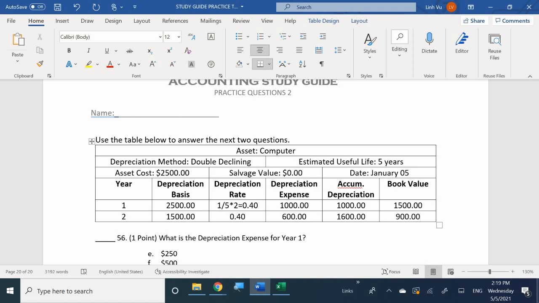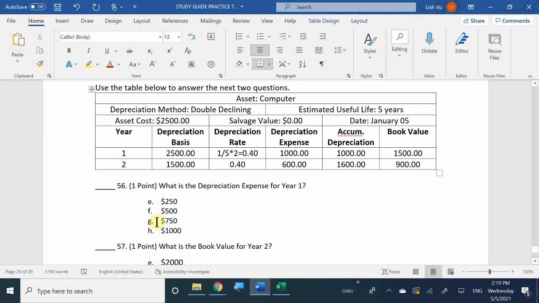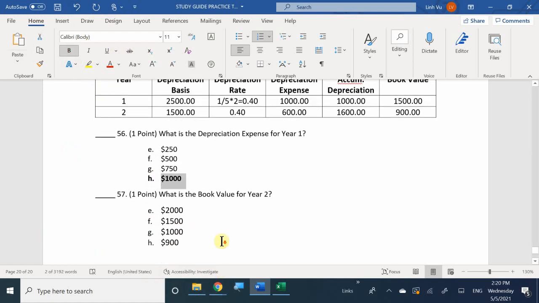Let's go ahead and answer the questions here. What is the depreciation expense for year 1? H. The more that you keep adding, this is automatic. So yes, H is the correct answer, 1,000. And question number 57 says, what is the book value at the end of year 2?